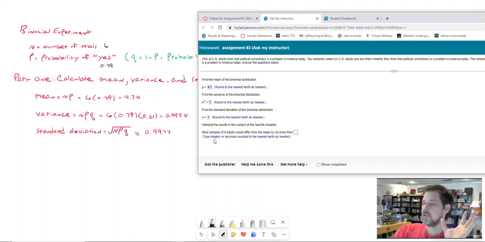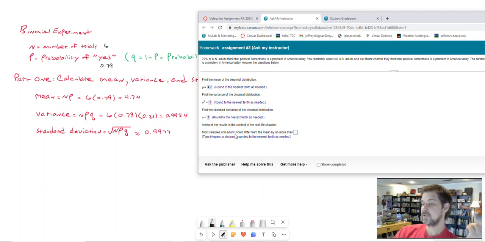If we ask 6 people, do you think political correctness is a problem or not, we're going to get about 4.7 on average say yes. You ask 6 people, you did that over and over and over, and you averaged how many said yes out of the 6, it'd be about 4.7. But there'd be some variation. It wouldn't all be 4.7, some would be a little more, some a little less, and so on. That's where the standard deviation comes in.